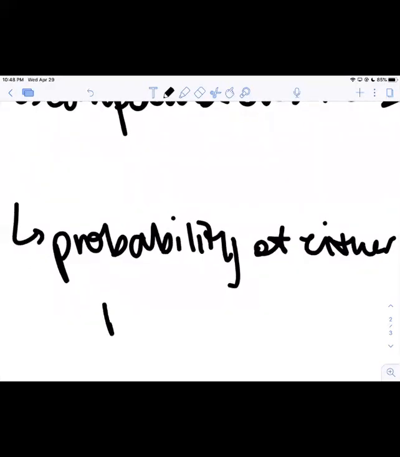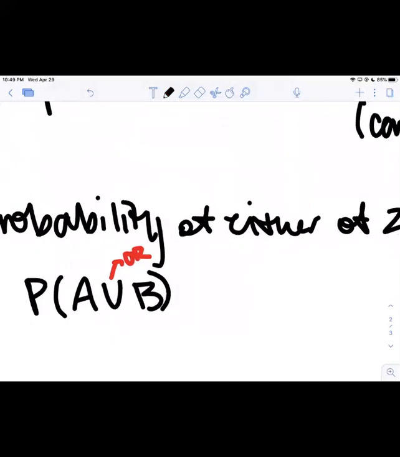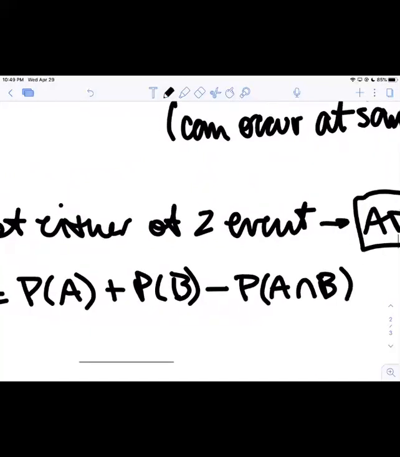You hopefully saw the Venn diagram video, and if you haven't yet, watch that shortly. But I talked about doing A or B. So this little value that looks like a U, that means or. So if it's okay that we get A or B to be true or to happen, then we can find that by doing the probability of A plus the probability of B. What we are going to have to do when we do this algebraically, if they are not mutually exclusive, if there's an overlap, we're going to have to minus off the overlap, the probability of A and B happening.